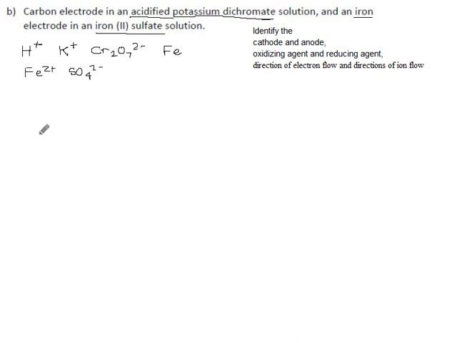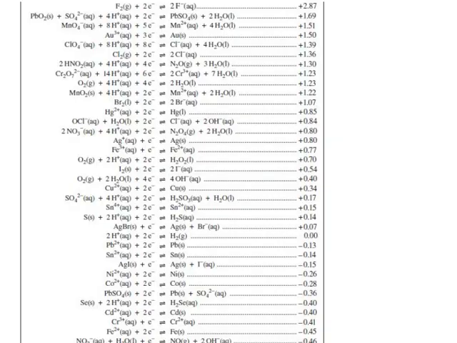So let's get a redox table and see what's going to happen here. Okay, so as we've done before, we will read down the left side of our redox table to find our strongest oxidizer, and then we'll read up the right-hand side to find our strongest reducer. Going down the left side, fluorine we don't have, lead oxide we don't have, acid permanganate we do not have, gold perchlorate, chlorine, and soon enough we get to this line.